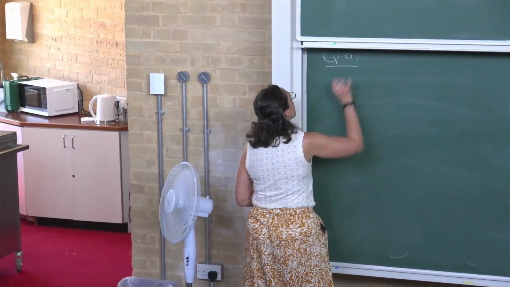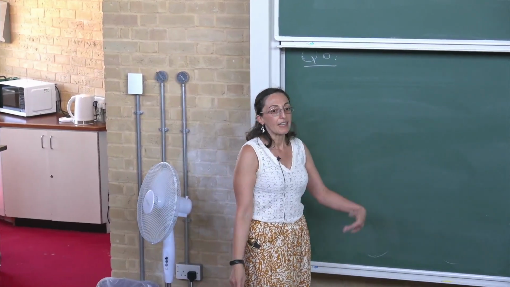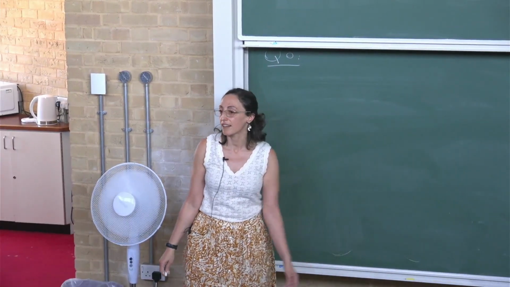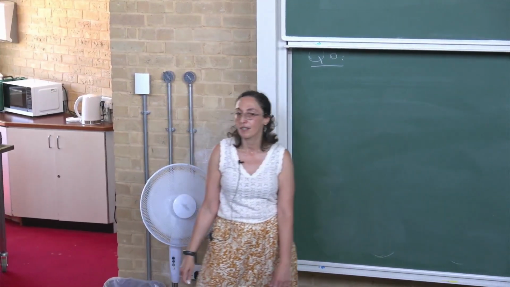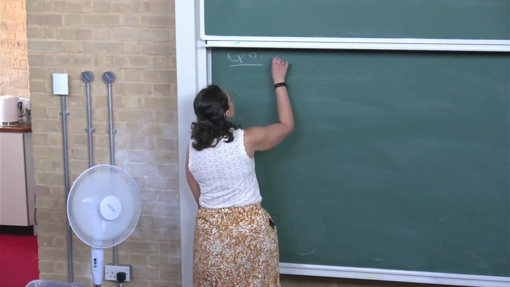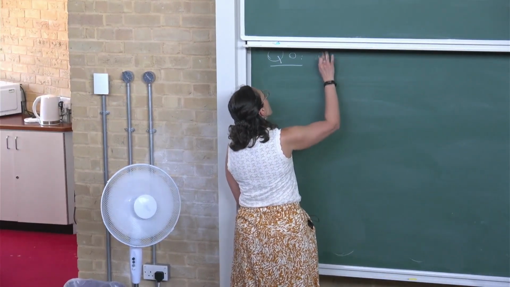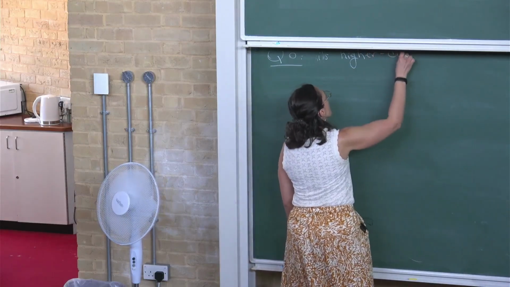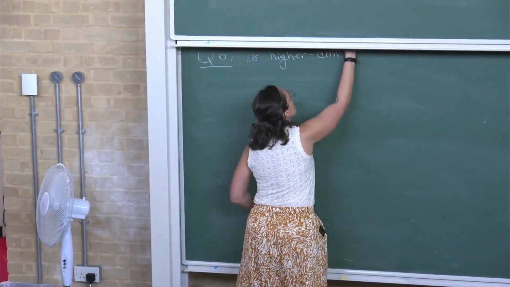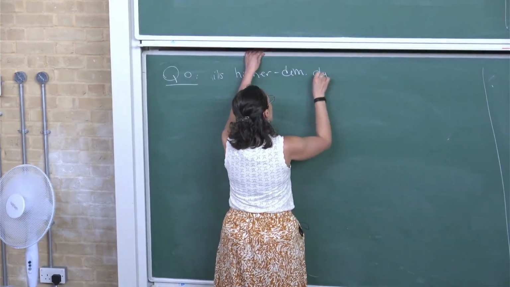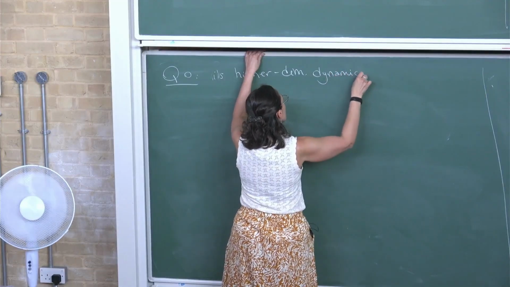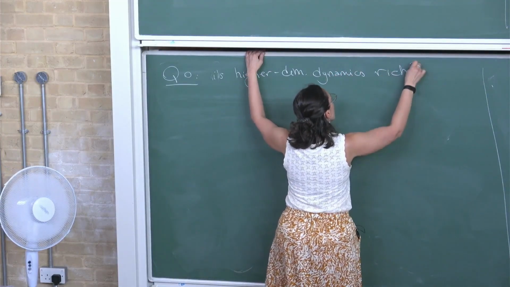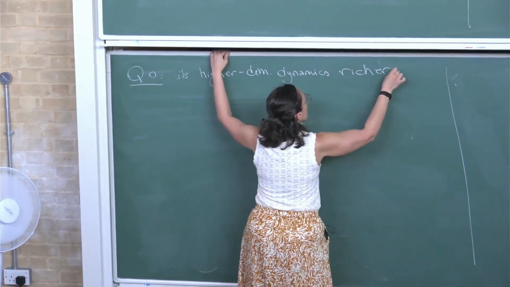So let's say we have question 0. Is there anything that can happen in higher dimension? Is higher dimensional dynamics richer than this?